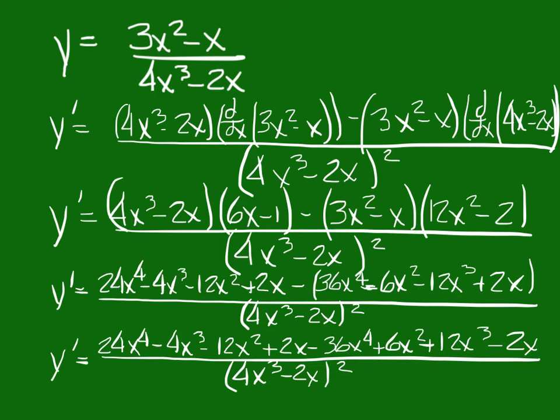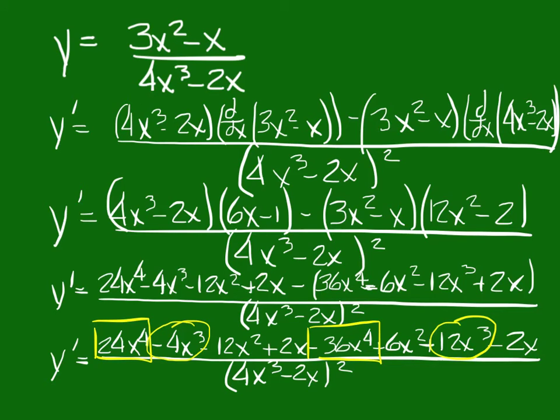So you have to add like terms. From there, you have a 24x to the fourth minus 36x to the fourth. That should be a negative 12x to the fourth. Now your thirds, negative 4x to the third, 12x to the third, that should be 8x to the third.